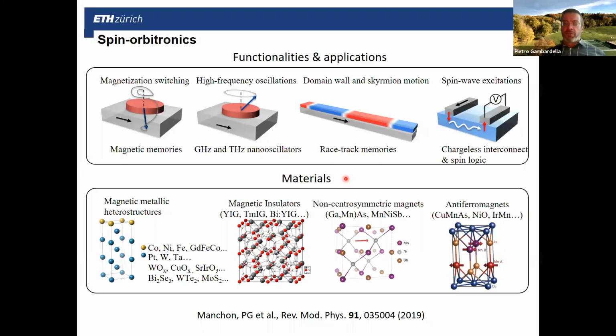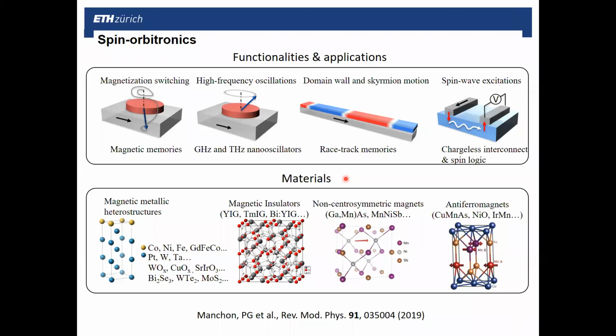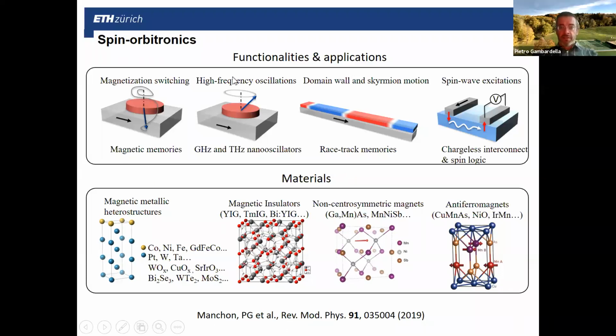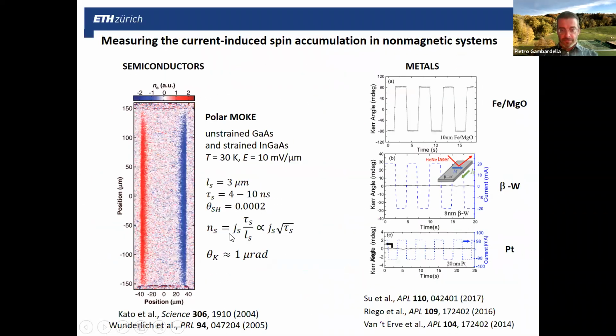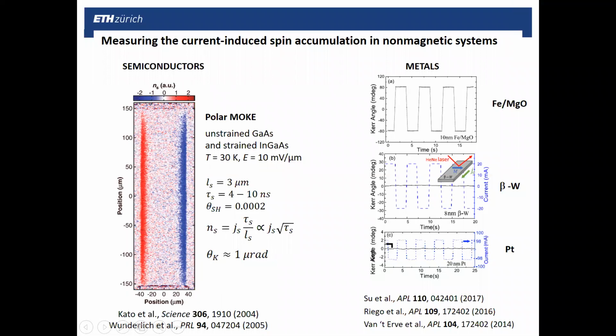Well, it's actually, so the first, I think one of the direct observations, like using the magneto-optical Kerr effect. Yeah. So let me, okay. So here you have the measurements that you referred to, right? This is the first measurements by Kato et al. of the current-induced spin accumulation in a gallium arsenide material, right?